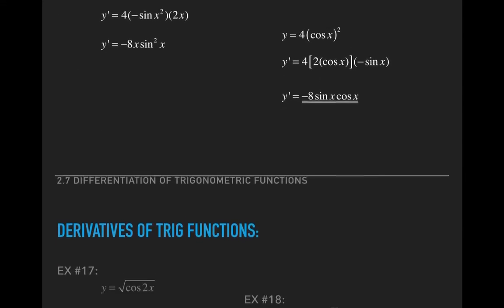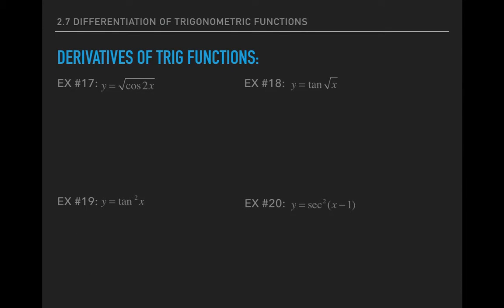All right, 4 more here for you. For example 17, we can rewrite it, and you'll see that the outside function is cosine of 2x to the 1/2 power, which means we're going to use the chain rule here. It would be 1/2 of that inside function, which is cosine 2x, to the negative half power.